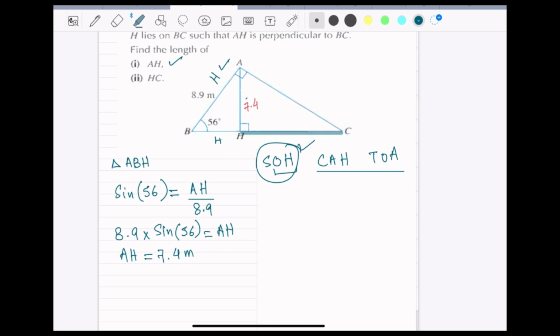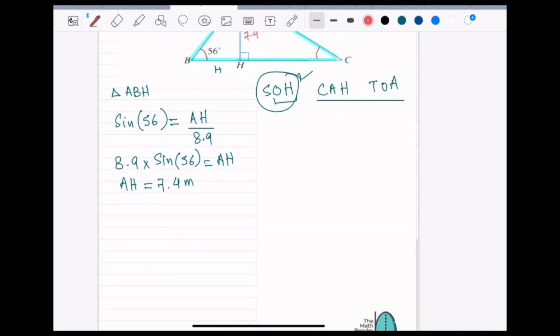But if you look at this big triangle, A, B, and C, from triangle ABC, I have a 90-degree angle, I have a 56-degree angle, and I can easily find this angle too.